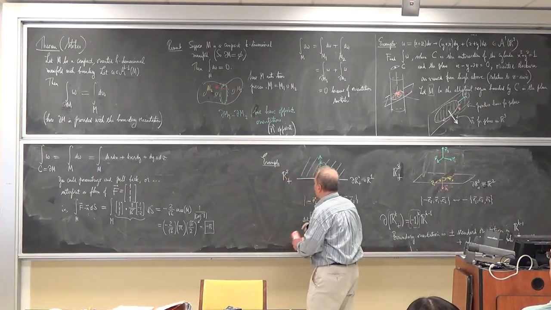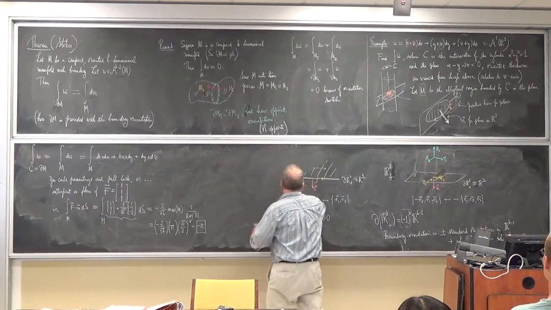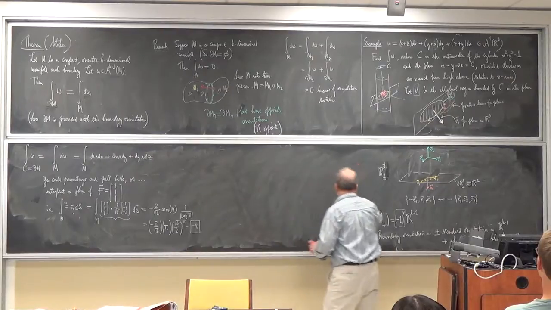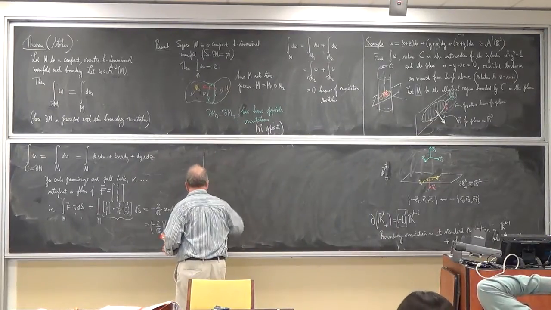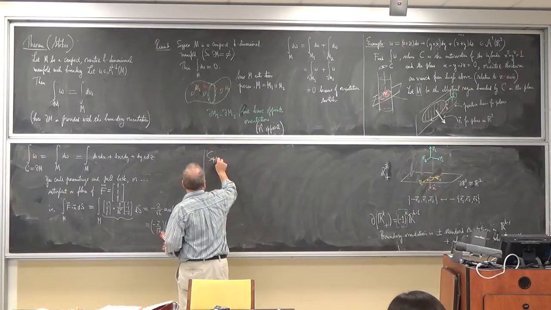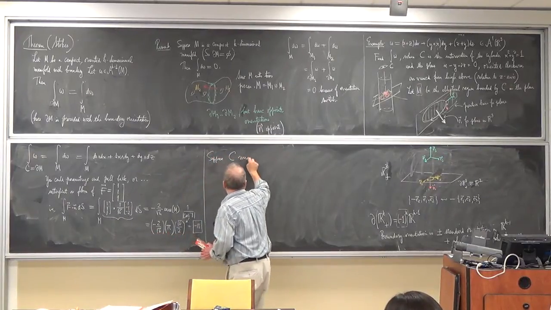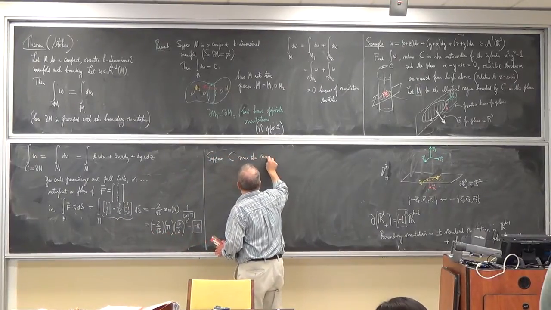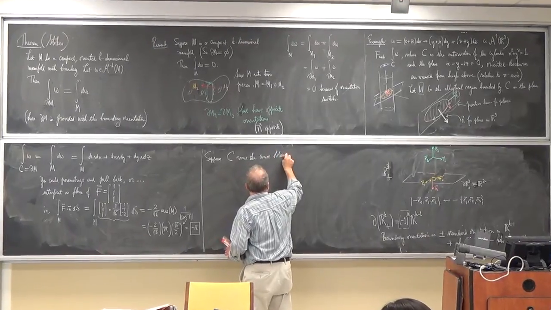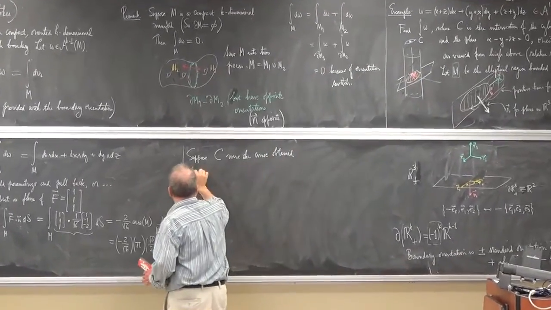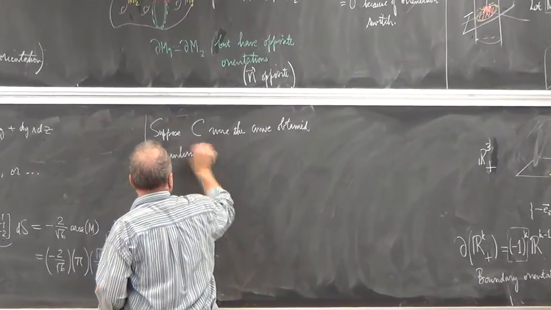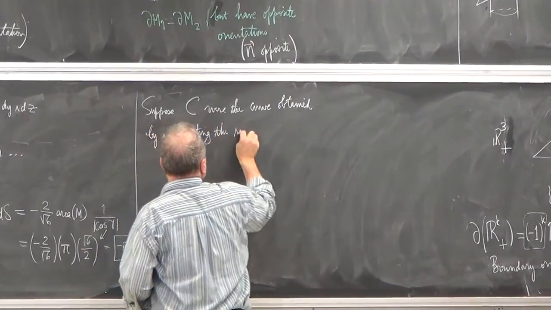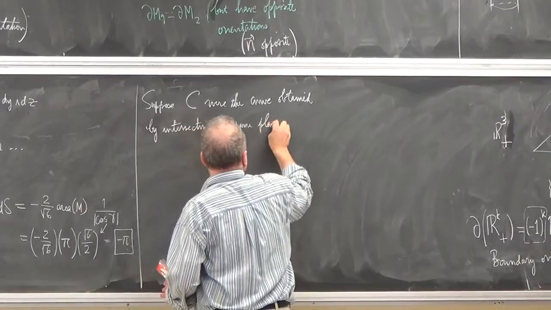All right, just to point out that you have a somewhat easier way to do that, an earlier problem. Suppose C were the curve obtained by intersecting the same plane with the unit sphere.